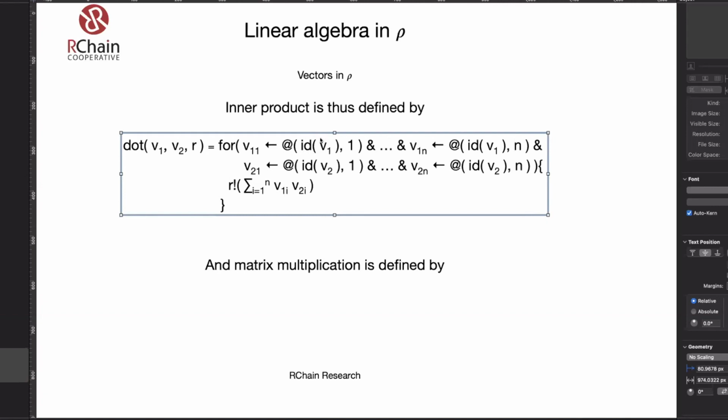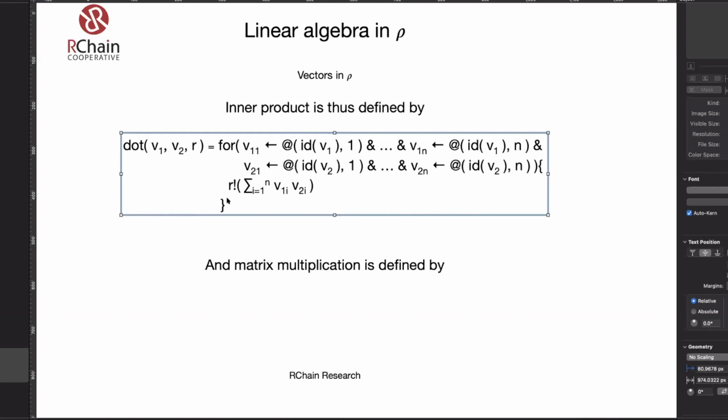Then we have the for comprehension, which accesses each of the different values in each vector, and simply outputs the corresponding sum.